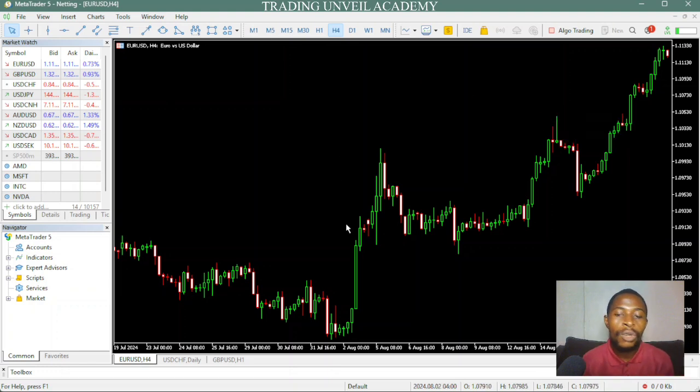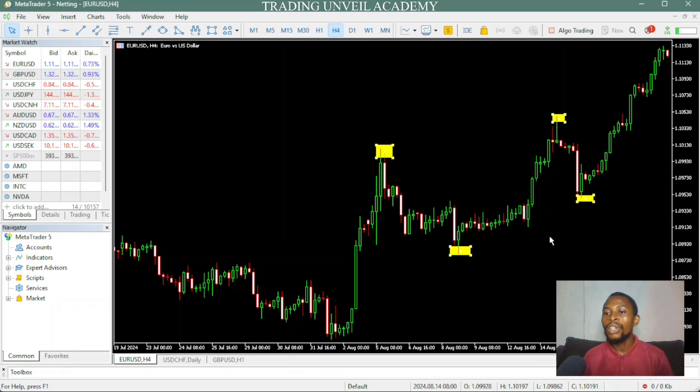On this Euro USD, I see that the market makes a high, higher low, higher high, higher low. So now I know that the trend of the market is bullish.